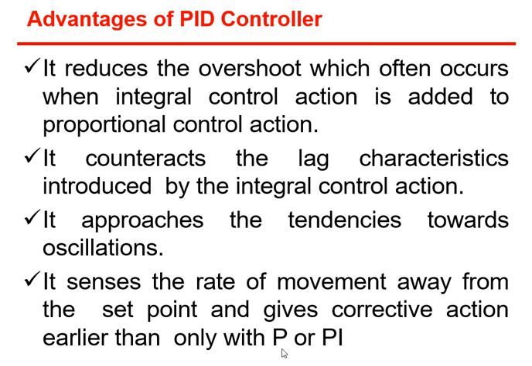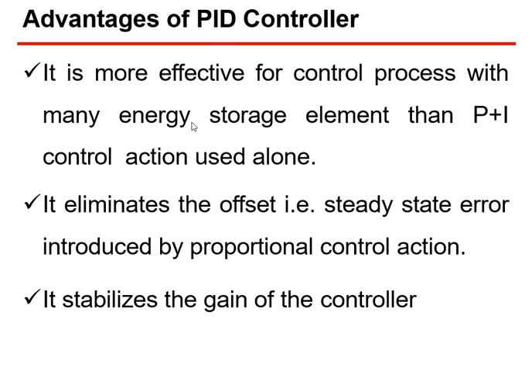Okay, and if you see the advantages, again, it is more effective for control processes with many energy storage elements than PI, and it eliminates the offset, that is the steady state error introduced by proportional control action, and it stabilizes the gain of the controller. Okay, so these are the advantages of a PID controller.